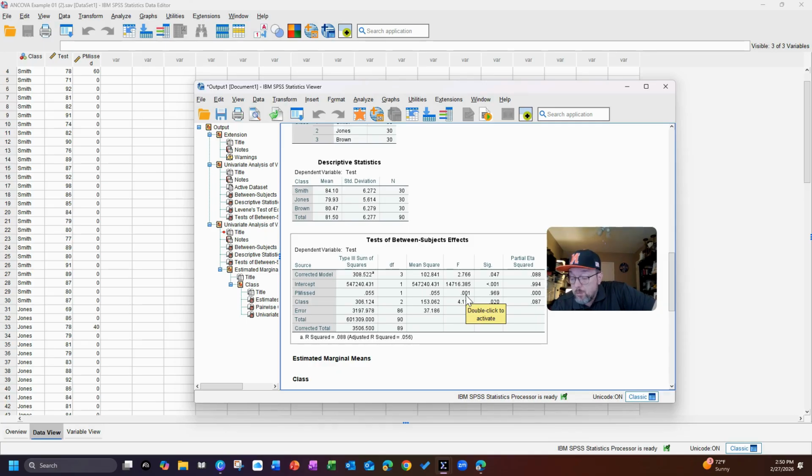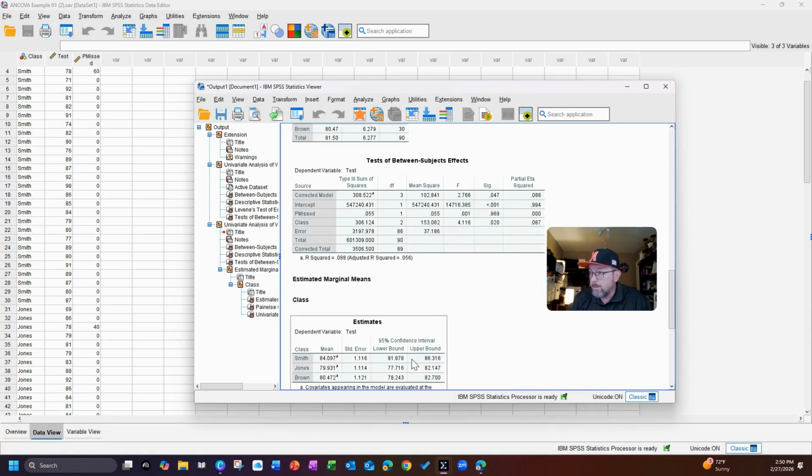Estimated marginal means represent each class's adjusted test score after statistically controlling for periods missed, and they're evaluated at the grand mean of the covariate, which was 3.43 periods.